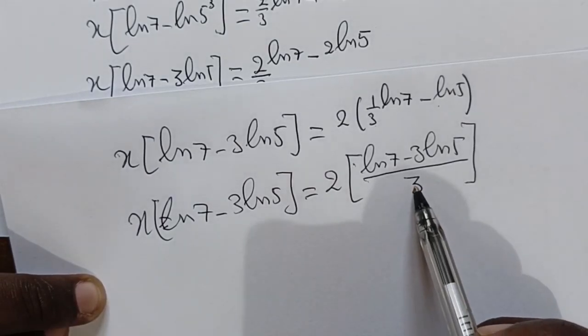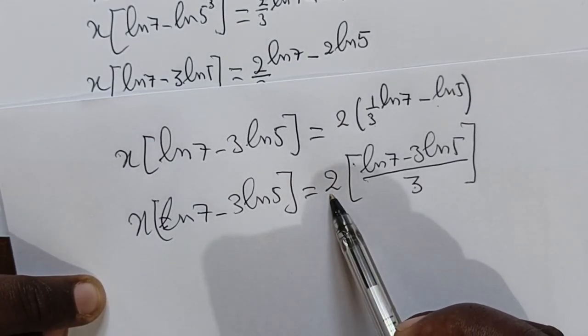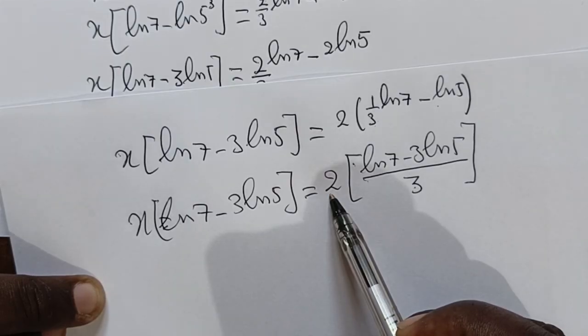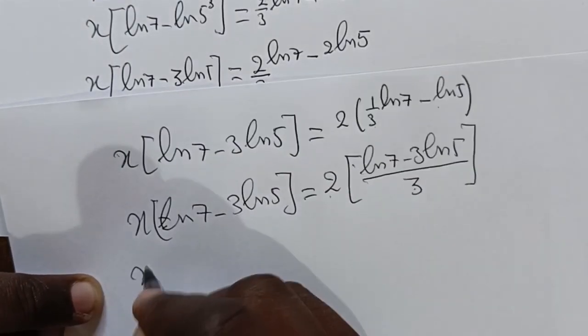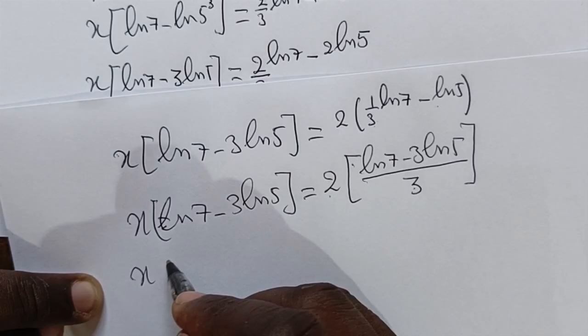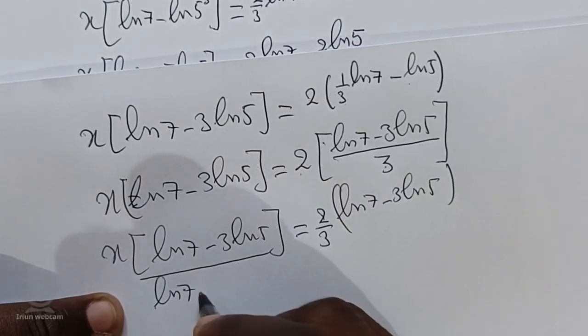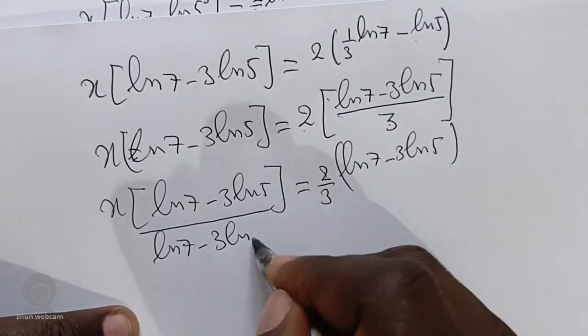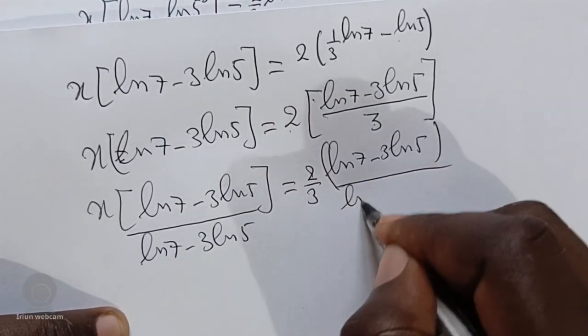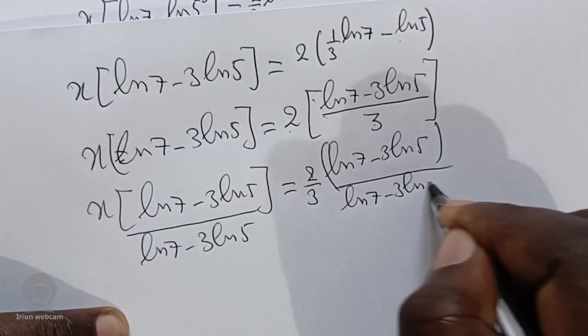Now, I need to take this 3 here to become the divisor of 2. Here x into ln 7 minus 3 ln 5 on both sides.